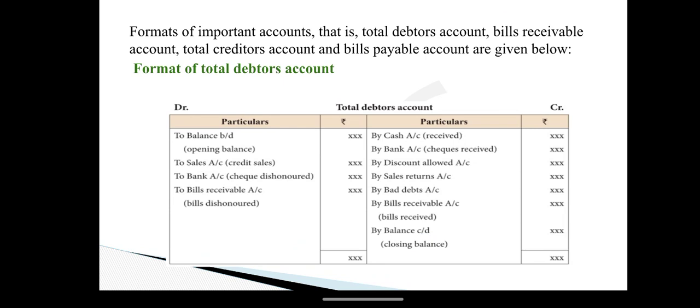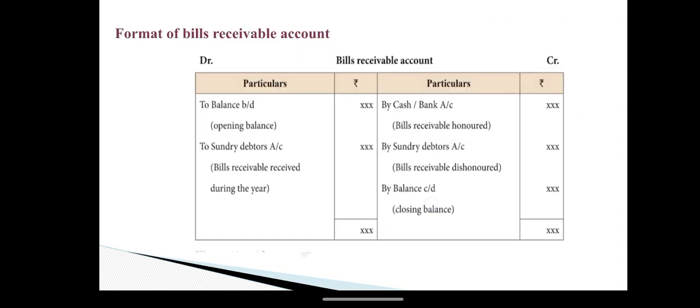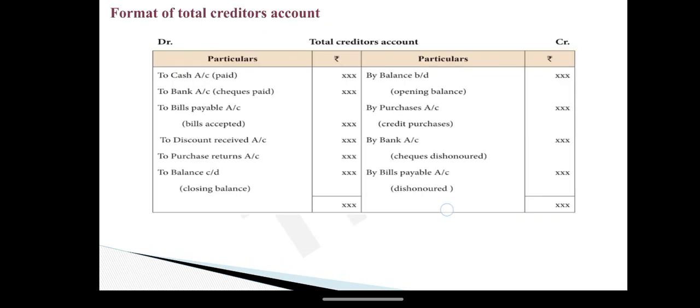Formats of important accounts, that is, total debtors account. Total debtors account helps in finding out the credit sales of the concern. And the format of bills receivable account helps to find out the bills receivable received during the year.